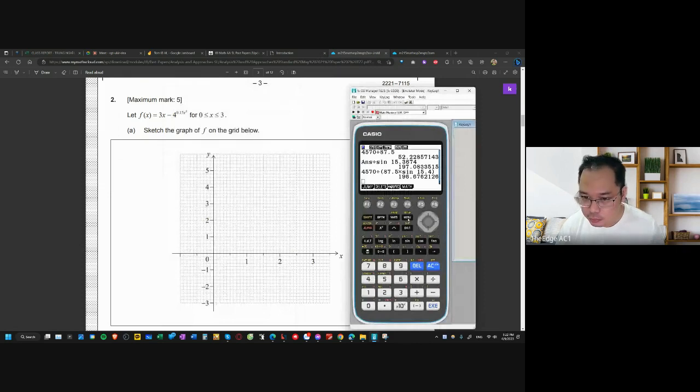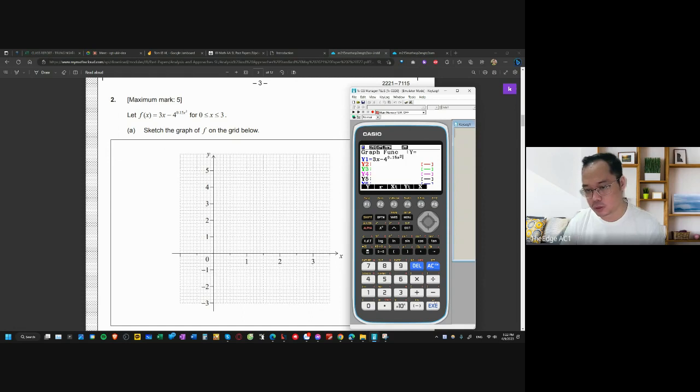Function menu, graph, delete the old function F1, delete this function also, enter this function: 3x minus 4 to the power, do not forget the bracket, 0.15 times x squared. That is the function.